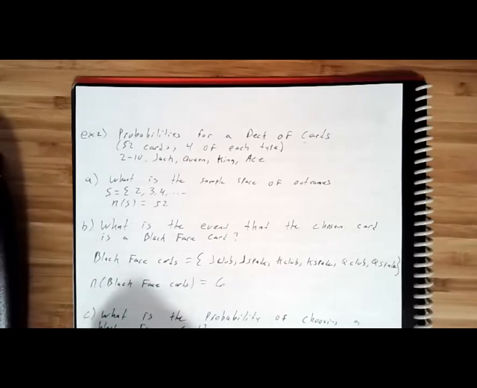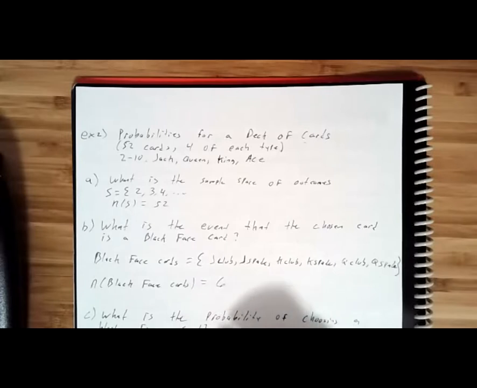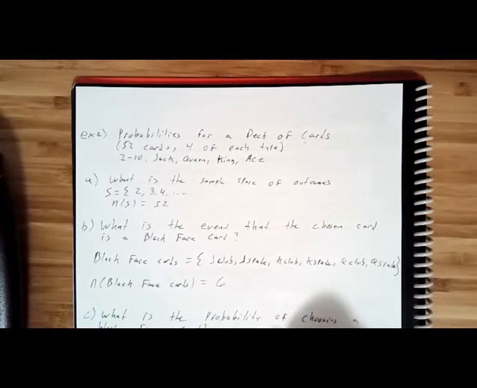The probability of a black face card is equal to the number of ways that can happen, which I'm going to abbreviate BFC, over the number in the total sample space. So that will be 6 out of 52, which is about 11.5%.